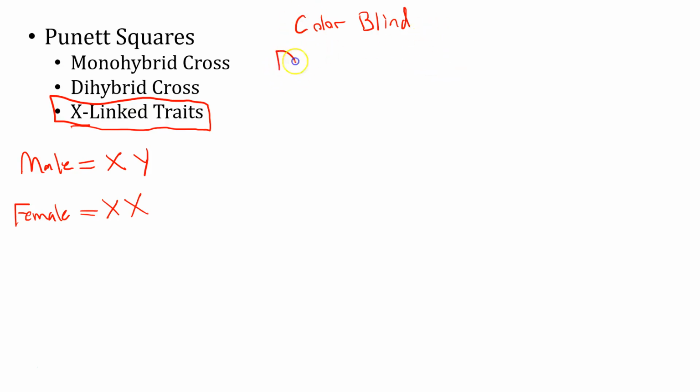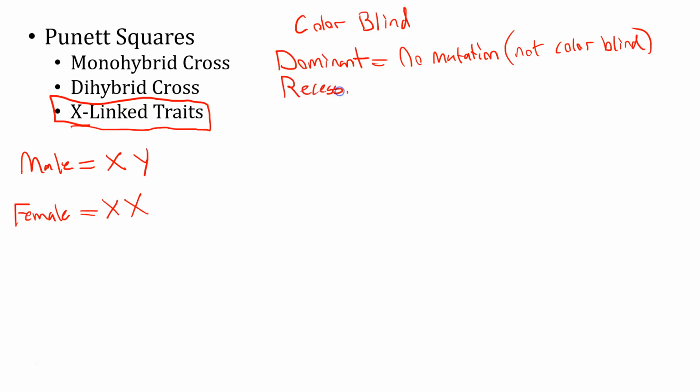Let's say that the dominant allele would be no mutation, in other words, not colorblind. And then let's say that the recessive allele would be a mutation, which means that it is color blind.